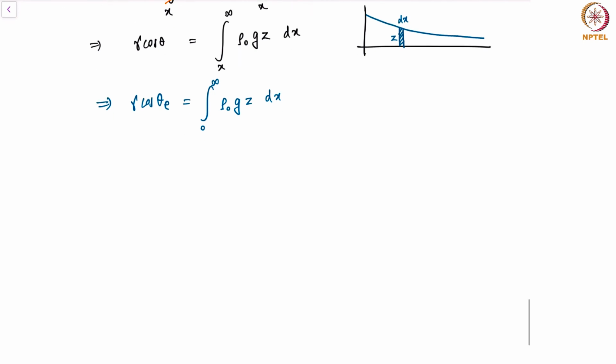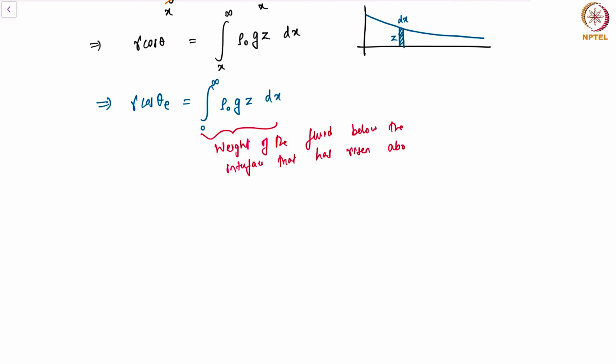And what is this quantity on the right hand side? This is nothing but the weight of the fluid below the interface that has risen above the original horizontal level. So the weight of the fluid has risen. And why has it risen?